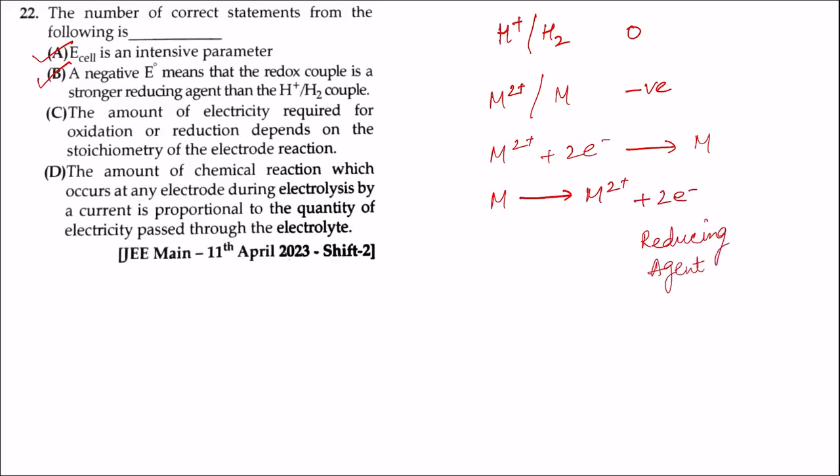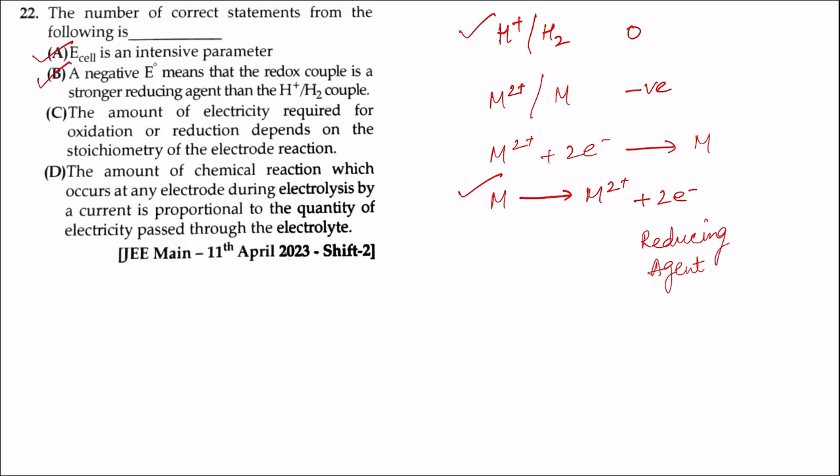Since the tendency to lose electrons is greater than the tendency to accept electrons, it acts as a reducing agent. Any metal which has a tendency to accept electrons will act as oxidizing agent, and the one with a greater tendency to lose electrons will act as reducing agent. This metal has a greater tendency to lose electrons in comparison to hydrogen, so it will act as a reducing agent. So this statement is also correct.